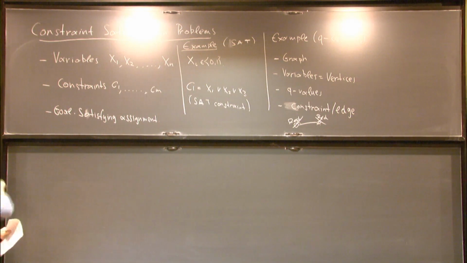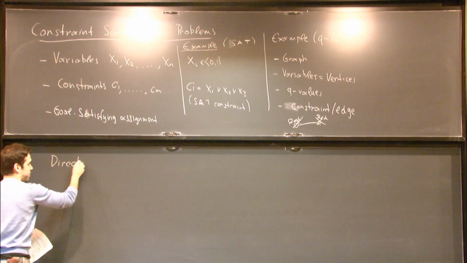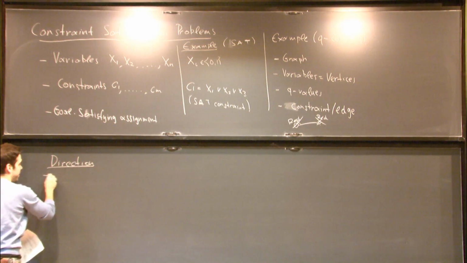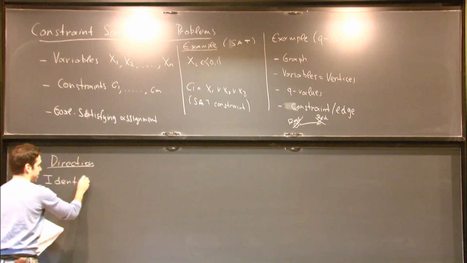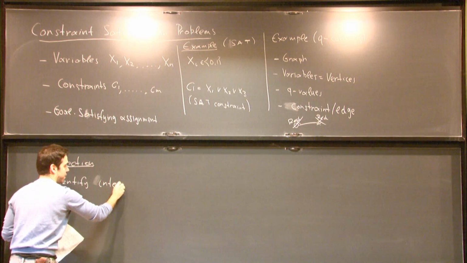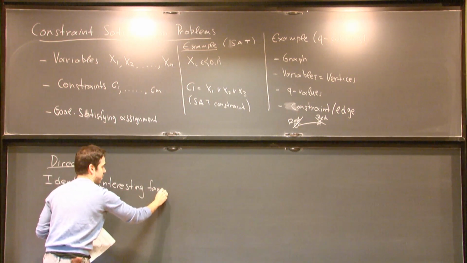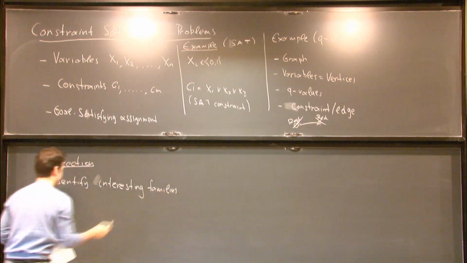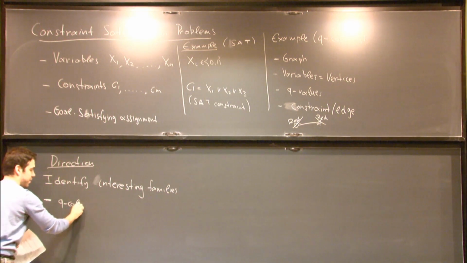So constraint satisfaction problems can be hard in general. So the direction we will take in this talk is basically identify interesting families of constraint satisfaction problems that have some property. So for example, what about Q coloring random graphs?